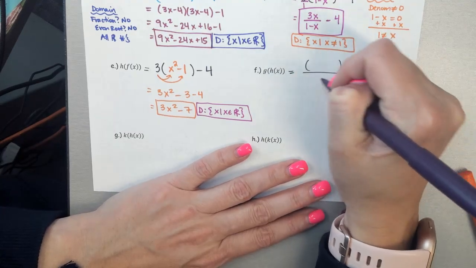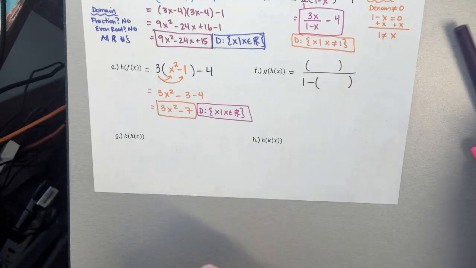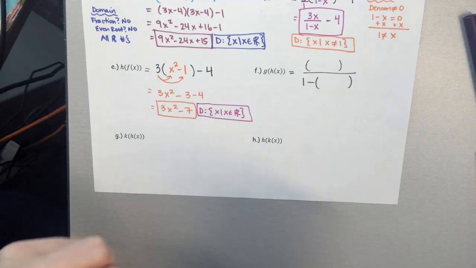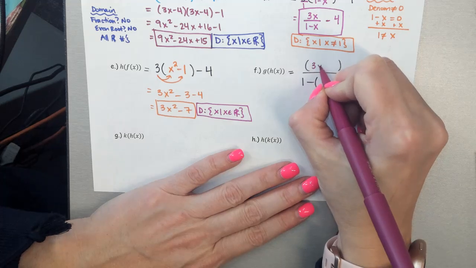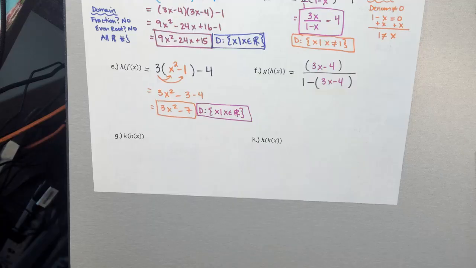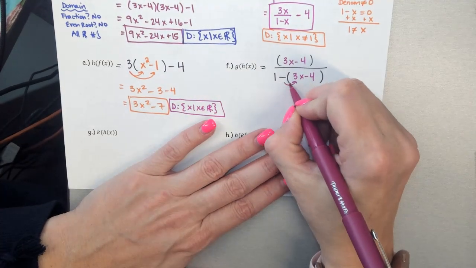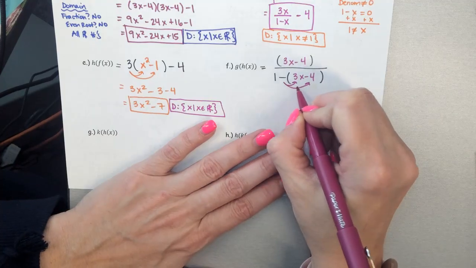It's x divided by 1 minus x, and this time we're plugging in h of x. So we're plugging in 3x minus 4. The parentheses are nice because that way you can remind yourself, hey, I'm going to have to distribute here.